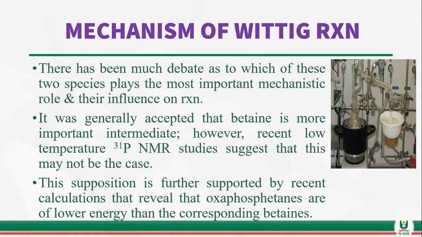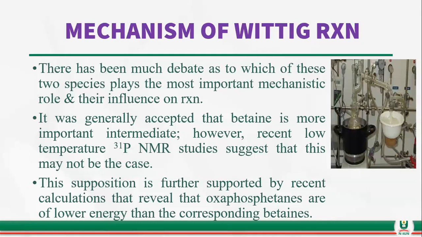When this phosphorus-31 NMR study was used to investigate, they discovered that what had been generally accepted, that beta-betaine is the most important intermediate, was not the case. This supposition is further supported by a recent calculation that revealed that oxaphosphetanes are of lower energy than the corresponding betaines. So, looking at the mechanism of this reaction, we want to know the mechanistic detail.